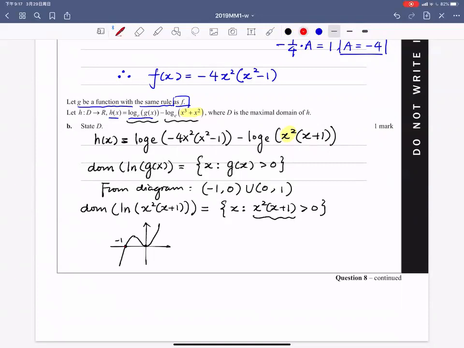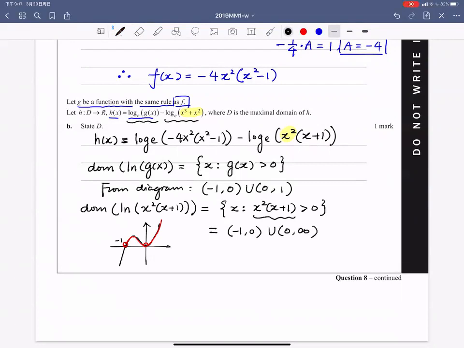Therefore, your values of x should go from -1 exclusive to 0 exclusive, then to infinity. But let's just write it as -1 to 0, union 0 to infinity.